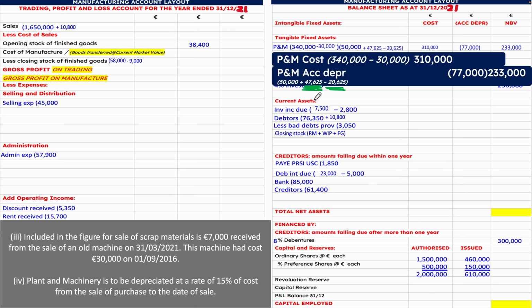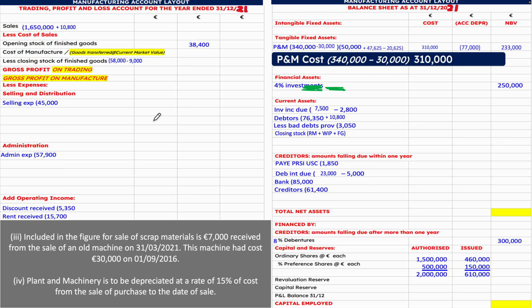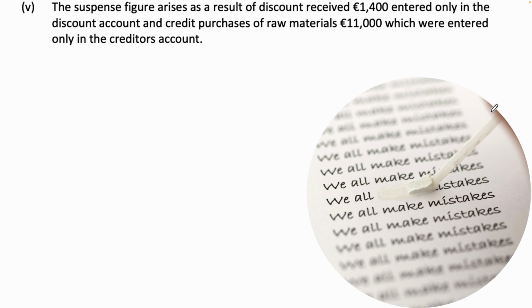So 50,000 plus the 47,625, but then minus the accumulated depreciation on the machine that they sold. That gives you 77,000 total, and 233,000 is the net book value. So the cost 310,000, accumulated depreciation 77,000, net book value 233,000. So that is all of the plant and machinery.